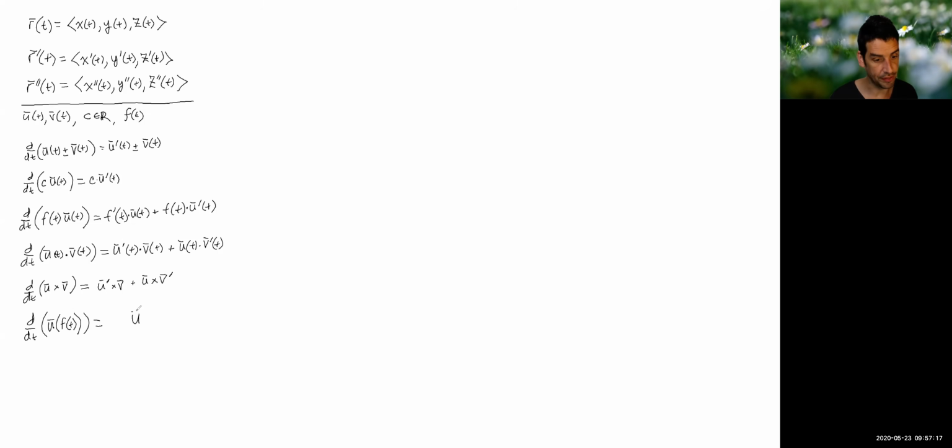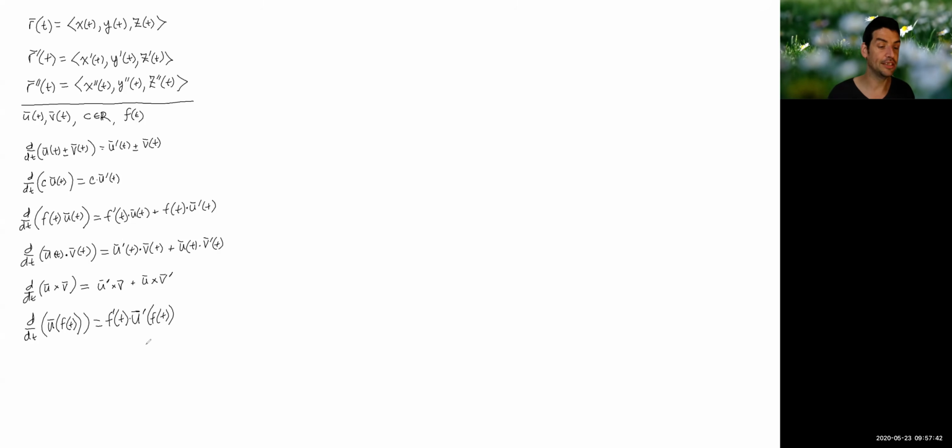We'll take the derivative of u and leave the inside alone, and then we multiply by the derivative of the inside. Now, we usually just write this at the end when we're doing real valued functions. We put it up front. I mean, it doesn't really matter. There's nothing that says I have to write it this way, but we typically put our scalar multiplication in the front of our vectors. So we get f prime of t times u prime of f of t.